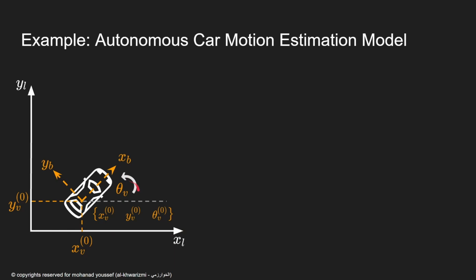This angle is called the heading angle, and the positive sign of the heading angle will be counterclockwise. So if the vehicle is rotating in this direction, it's increasing. If it's in the other direction, clockwise, then it will be decreasing, so the negative sign.